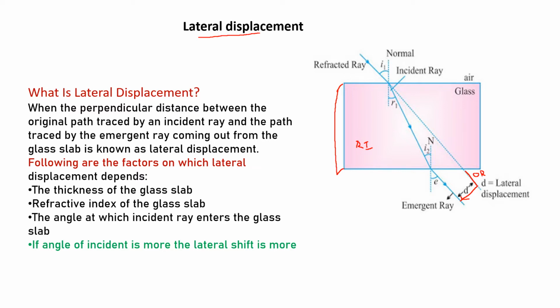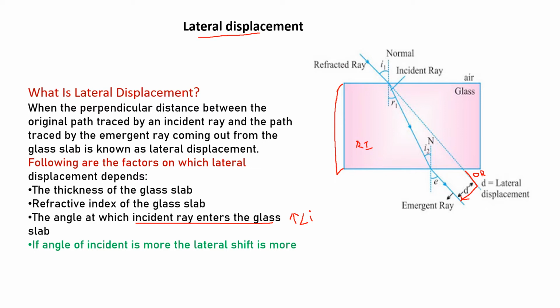How can we relate the angle at which the incident ray enters the glass slab? Let's take an example. If I increase the angle of incidence, what happens to the lateral displacement? Can anyone tell me? If I increase the angle of incidence, what will happen to the lateral displacement?